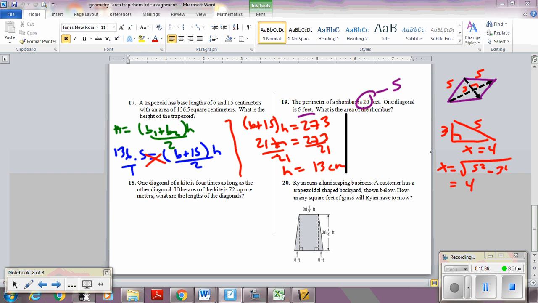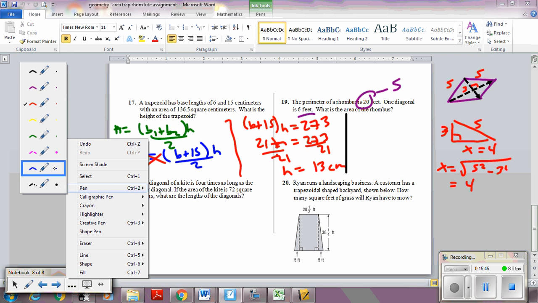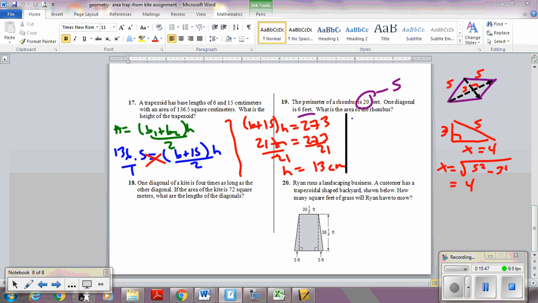So that means the entire diagonal that's missing is 8, because we only found part of it when we isolated the triangle. So now we can use the area formula, which is d1 times d2 over 2. So that would be 6 times 8 over 2, which is 3 times 8, which is 24. And it's feet squared.